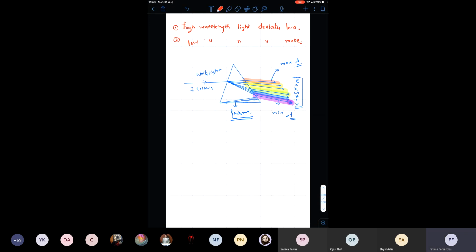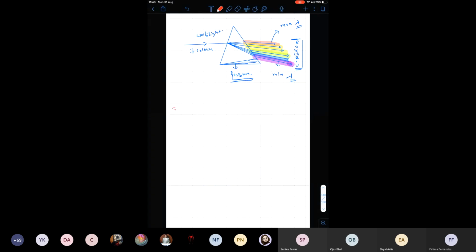Write down: splitting of light when it passes through a prism into a band of different wavelengths is called spectrum.